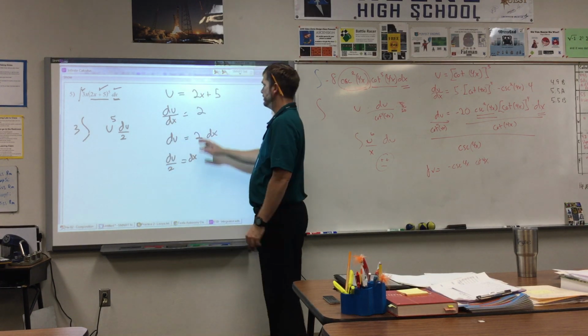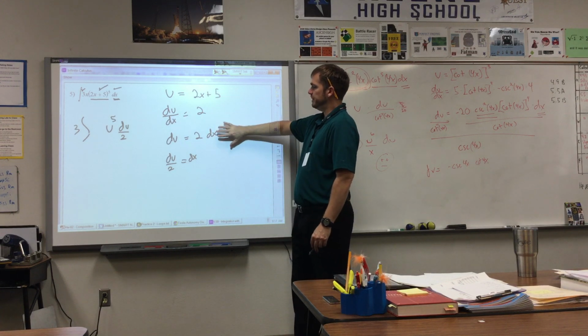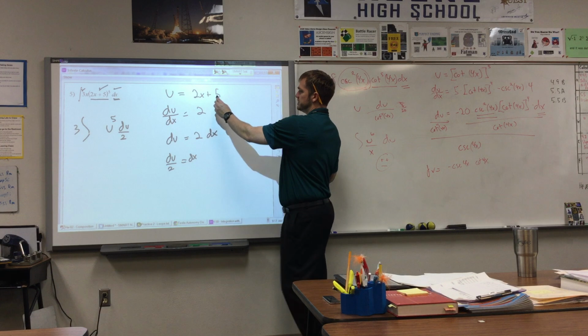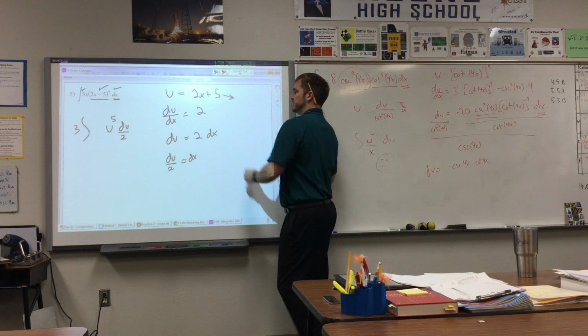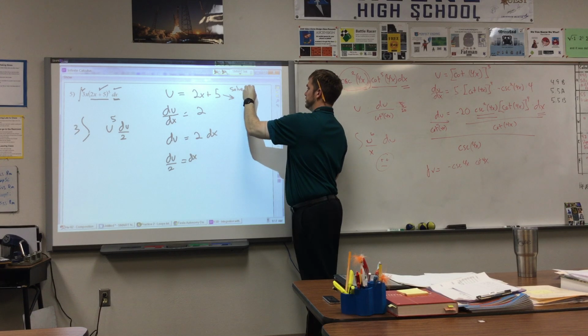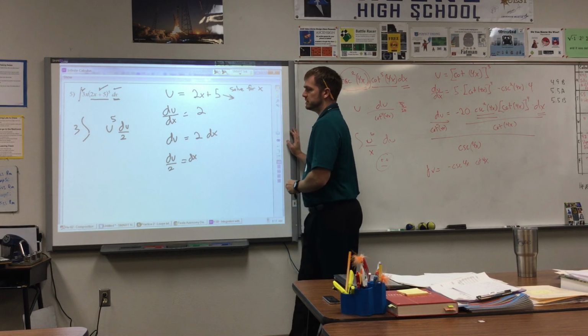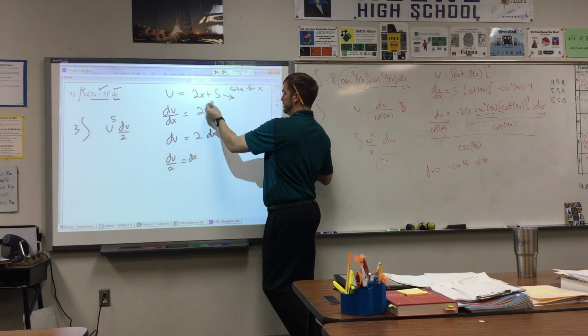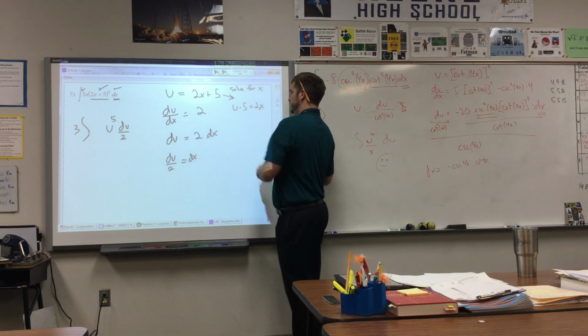But the thing is, we can walk back up here to our very first step and we can solve this for x. Solve for x. This is another fun technique here. So we can subtract 5 from both sides, so we get u minus 5 equals 2x.